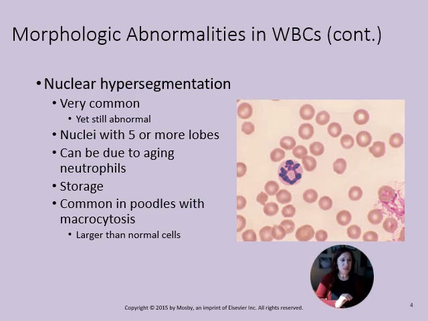Now note that with hypo and hypersegmentation, if you just see 1 or 2 of these, I mean, you could write it down, document everything, but I wouldn't be like, oh my gosh, this dog has Pelger-Huet anomaly, or this animal has a problem. Not necessarily.